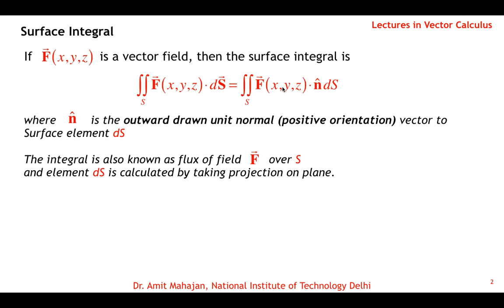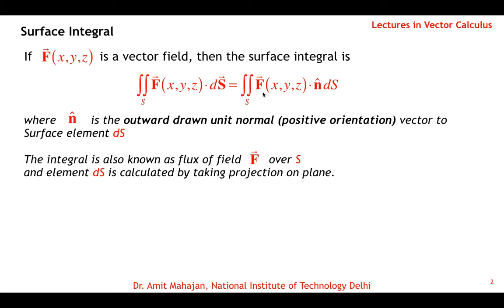of fluid through the surface. And clearly we know that this dot product f dot n means the component of f in the direction normal to the surface, and as we said, if the fluid flow is normal to the surface, then the flux will be large. If the fluid flow is parallel to the surface and n cap is normal to the surface, then they will be perpendicular and the flux will be zero.